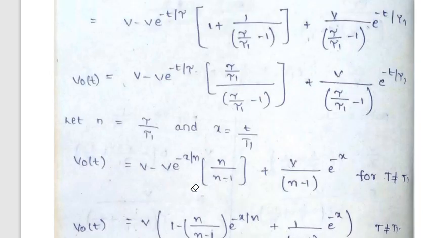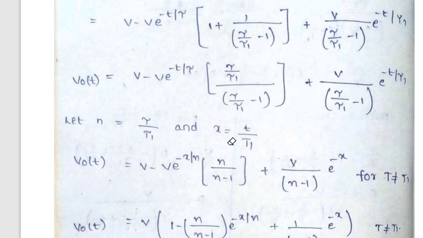For the simplification purpose, assume that n is equal to tau by tau 1 and x is equal to t by tau 1. Therefore, V naught of t is equal to V minus V into e power minus t by tau. T by tau means x by n.